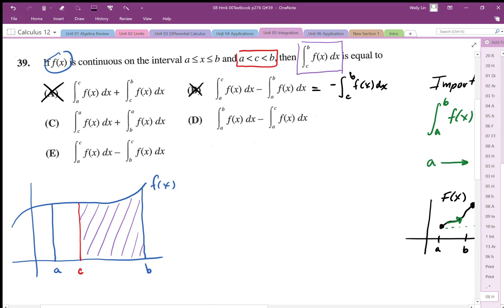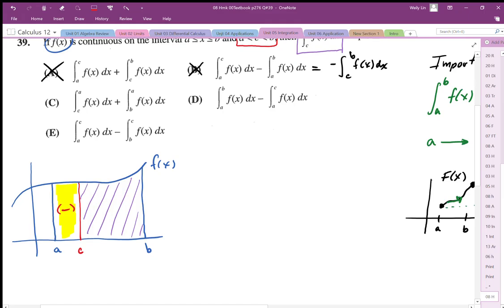That doesn't work either. I take a look at c, so we're taking a look at the area from c to a in this case. So now we have to be careful because it's the same area, but it's going to be the opposite sign. Okay, so we're going to sign that negative. And from b to a, so we're going backwards again.